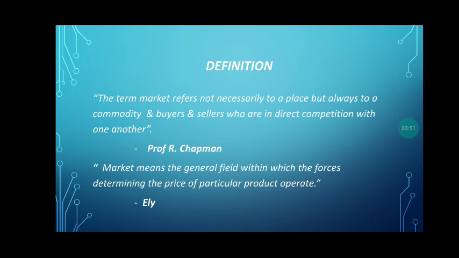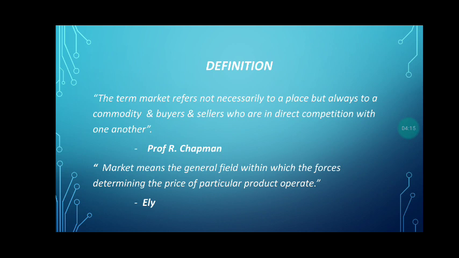So according to his definition, in economics, market is not a place, but a platform where the commodity exists and the buyers and the sellers of that commodity are connected by way of some platform. That is the market.